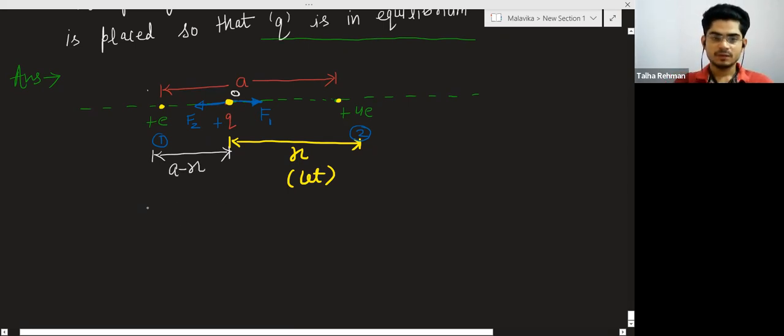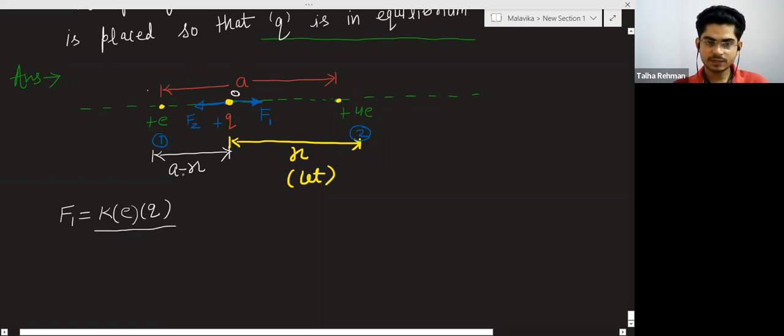Now I can calculate the value of F1: K, with charges E and Q, divided by the distance (A minus x) square.